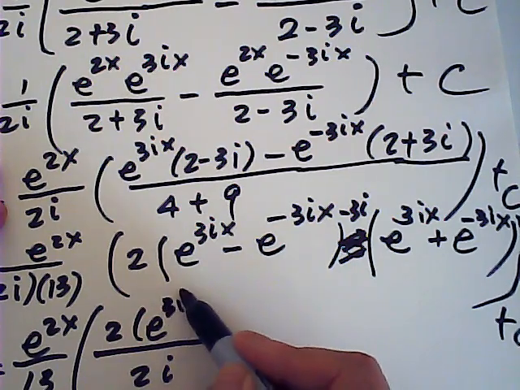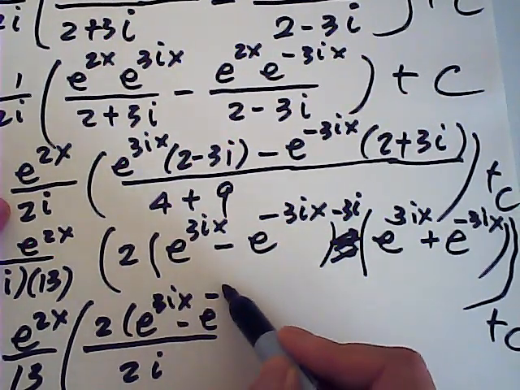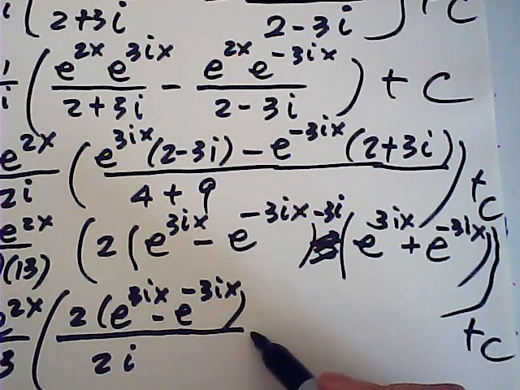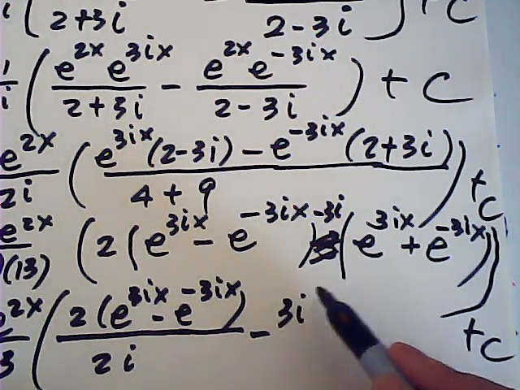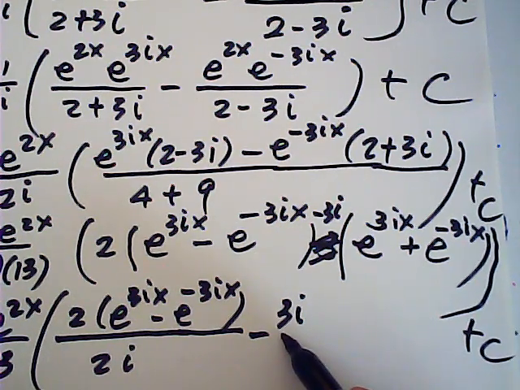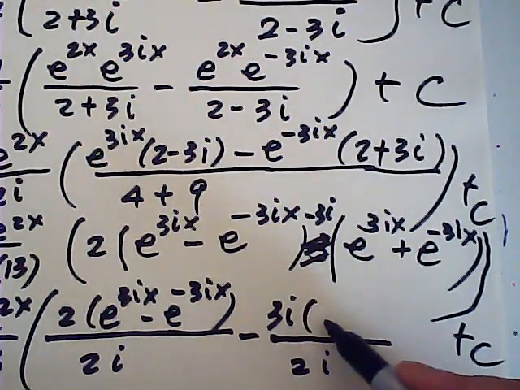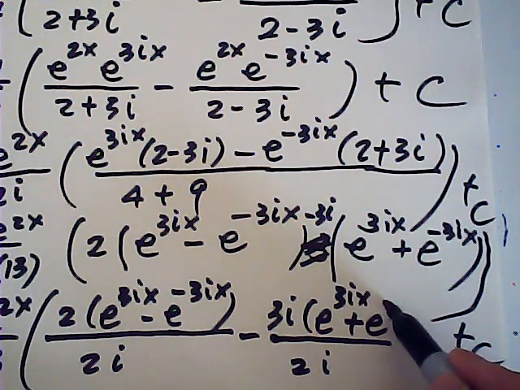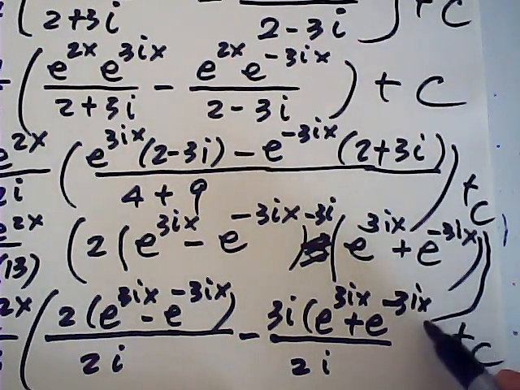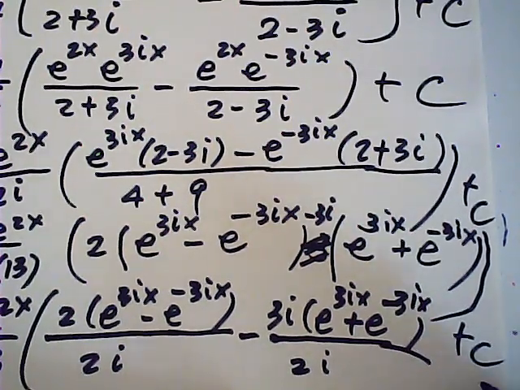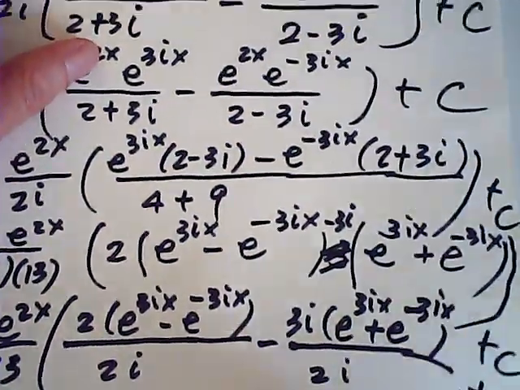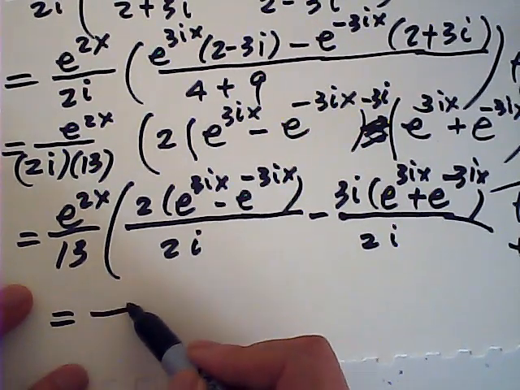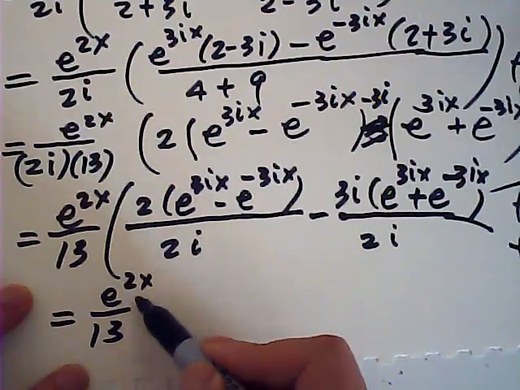E to the 3ix minus e to the negative 3ix, minus 3i over 2i times e to the 3ix plus e to the negative 3ix, plus c. Then this is 1 over 13 e to the 2x.